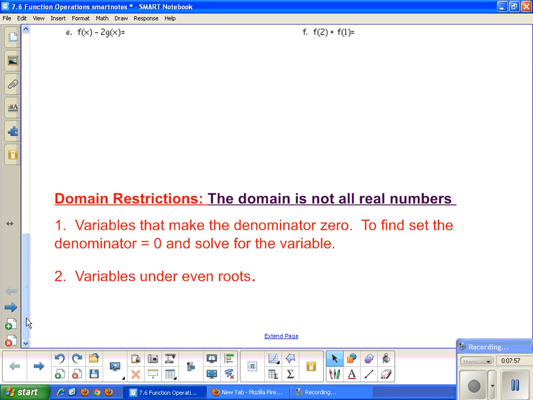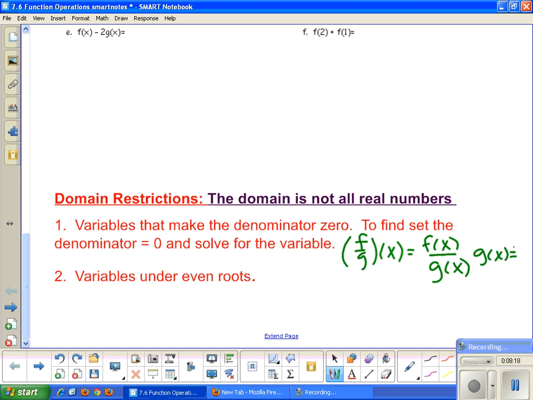The first is variables that make our denominator 0. To find those, we set the denominator equal to 0 and solve. We only have to worry about this when we are doing division of functions. That's why we said if we had f divided by g of x, which was the same thing as f of x divided by g of x, then g of x cannot be equal to 0. That's what we did for the above problem.